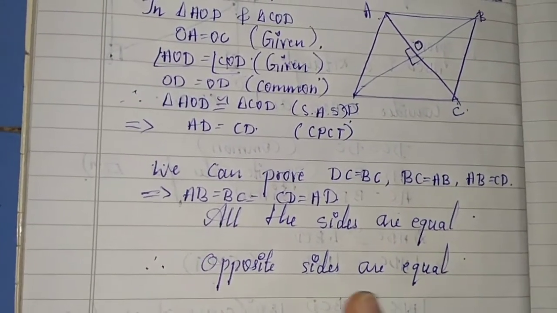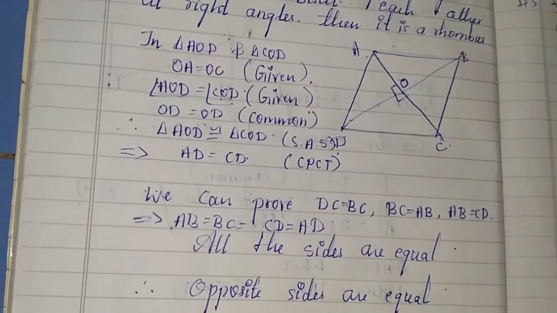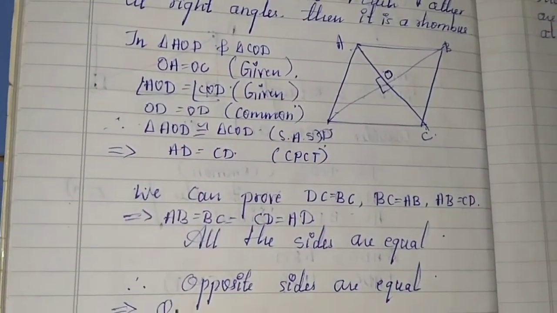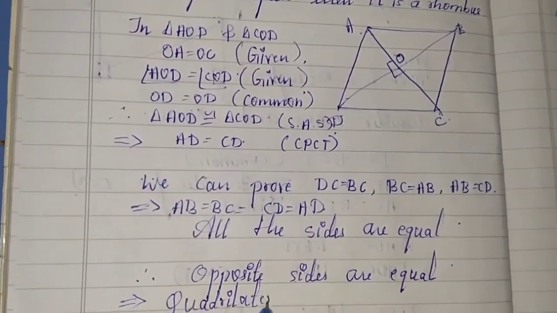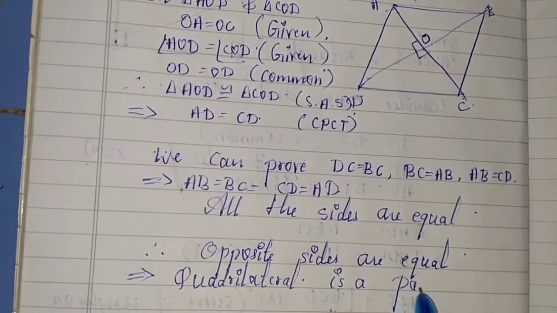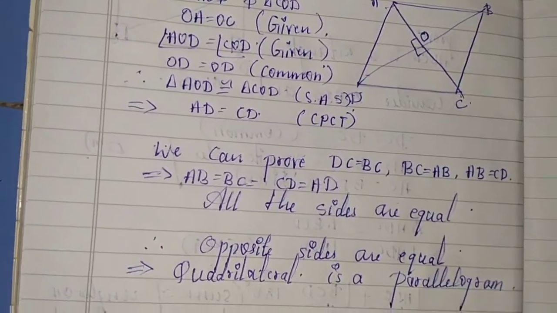Opposite sides are equal over here. So if opposite sides are equal to one another, this quadrilateral ABCD is a parallelogram.